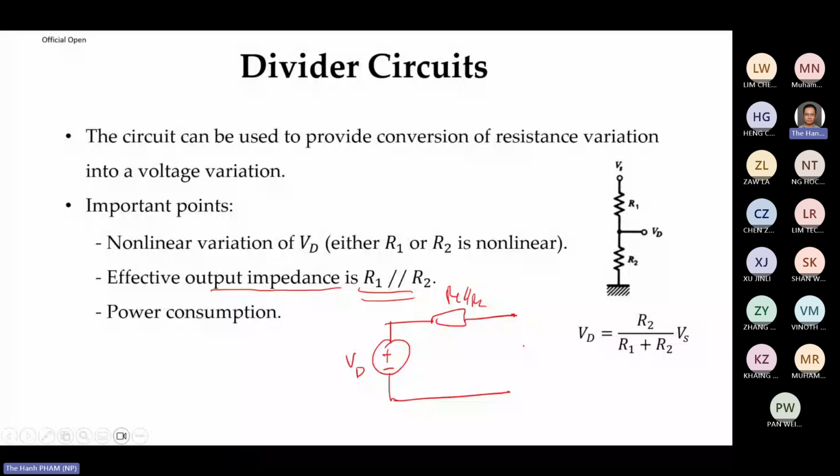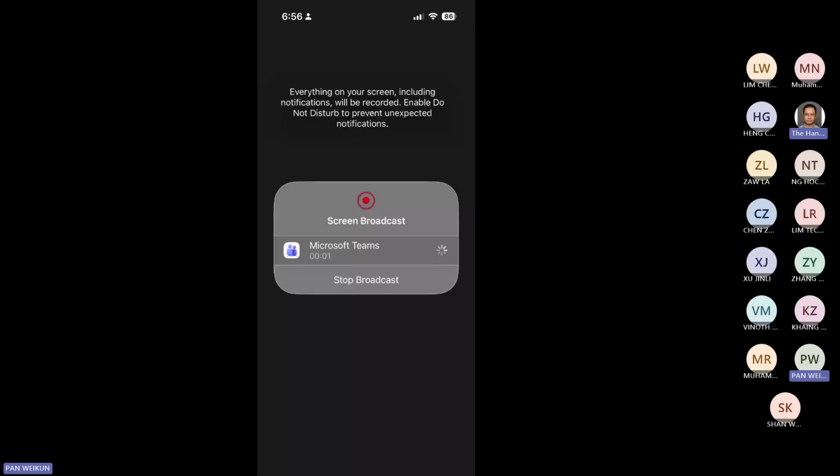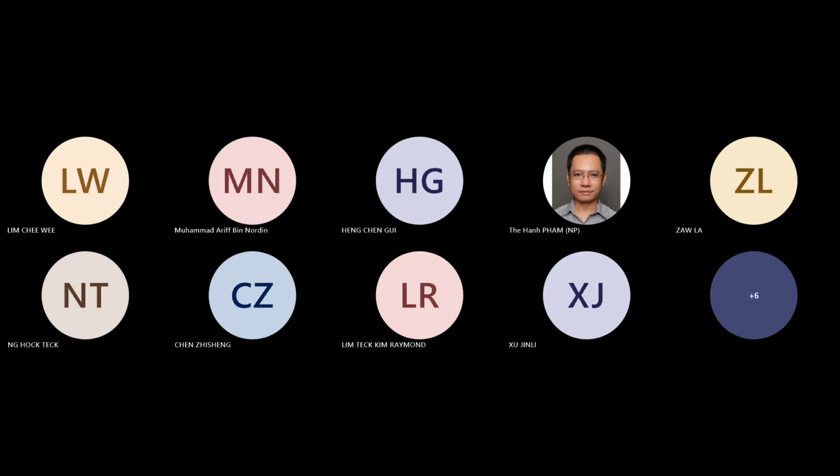And also we talk about power consumption, because when you have VS here, the current flows down here, so you have power dissipated on this.